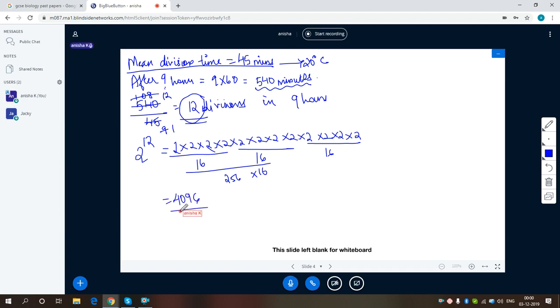So this much amount of bacteria is being produced now. 4096 bacteria. That's huge.